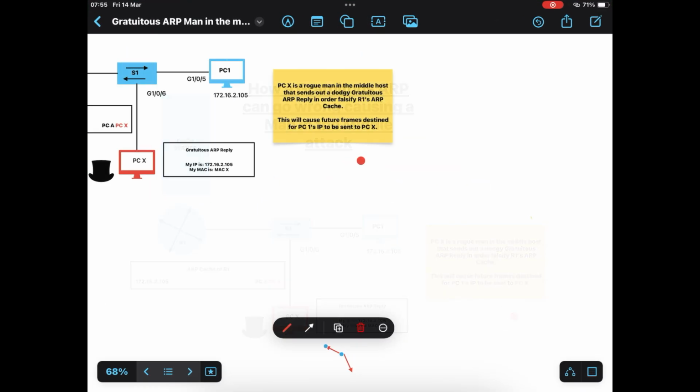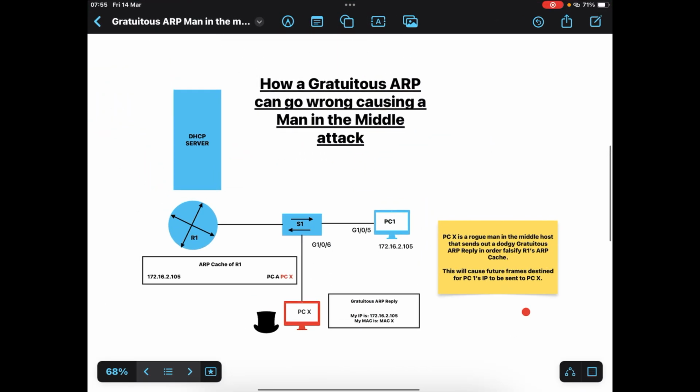If we look here at PC1, we've got switch 1 and router 1, and here's the ARP cache of router 1. Router 1 knows that this is the IP address of PC1, 172.16.2.105. It knows that's his IP.